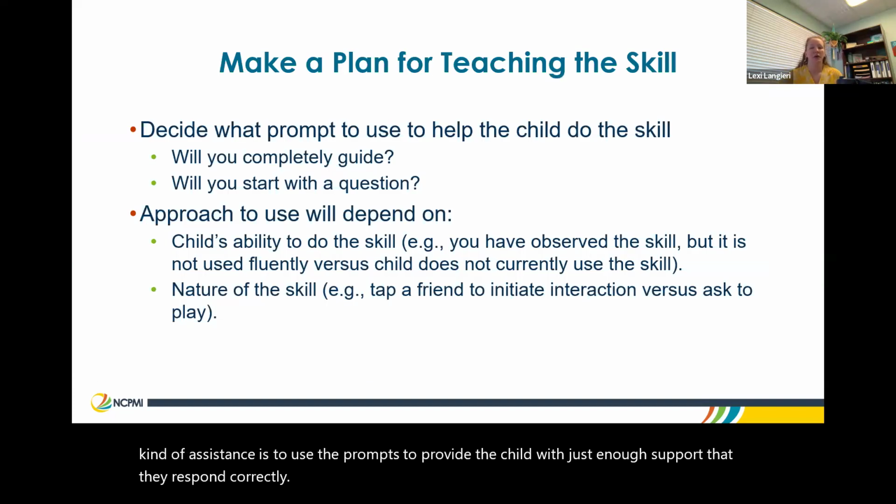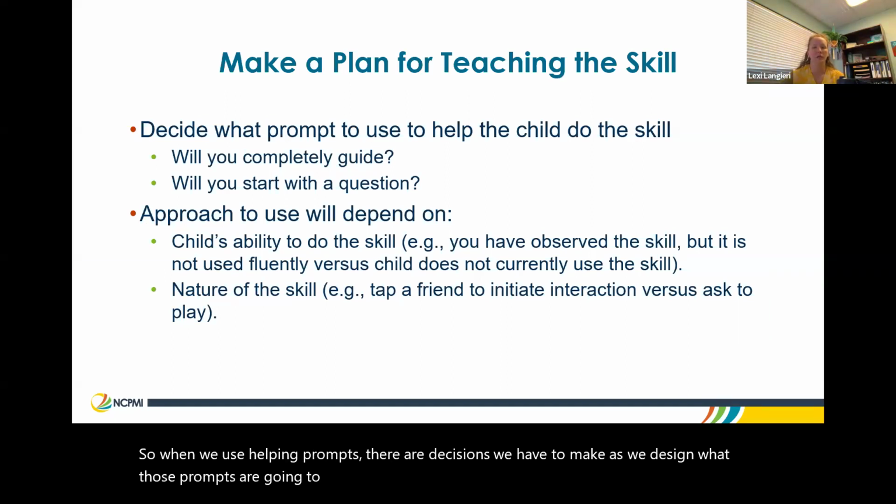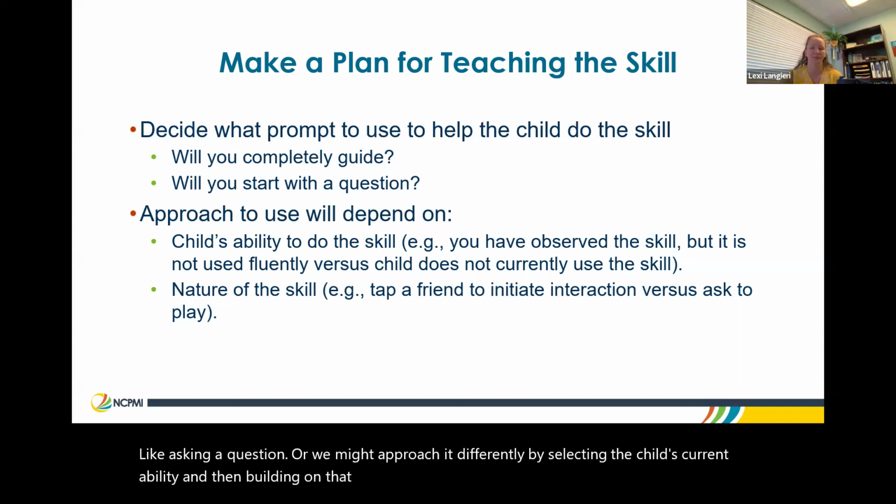So when we use helping prompts, there are decisions we have to make as we design what those prompts are going to be for our plan. We have to decide if we're going to start with the most intrusive prompt, like asking a question, or we might approach it differently by selecting the child's current ability and then building on that to use that skill.